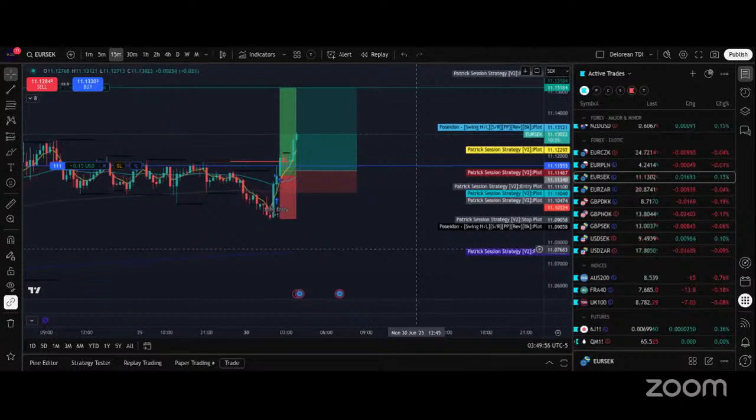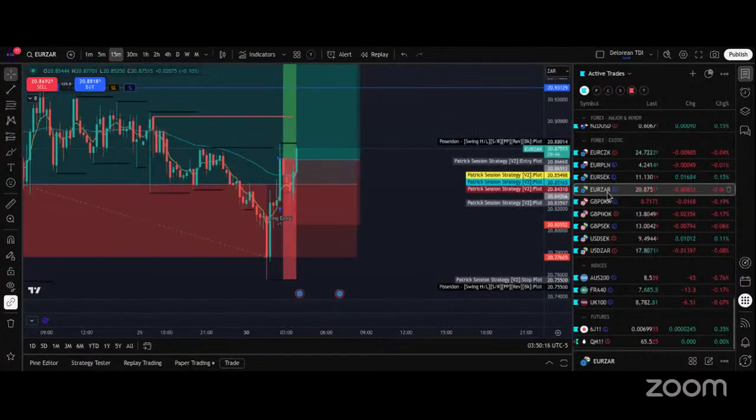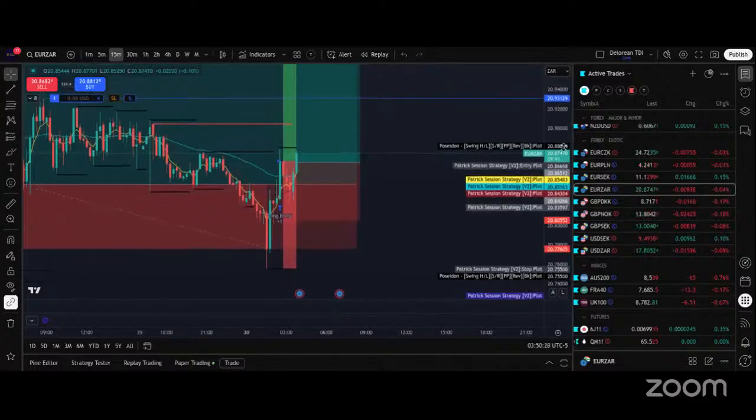All right, 10 minutes left to go. Just under 50% to take profit on Euro to SEK. You should expect that to hit take profit sometime later this morning. Congratulations for those of you who took it. We're also in profit on Euro to South African Rand, which we also called out at the same time.